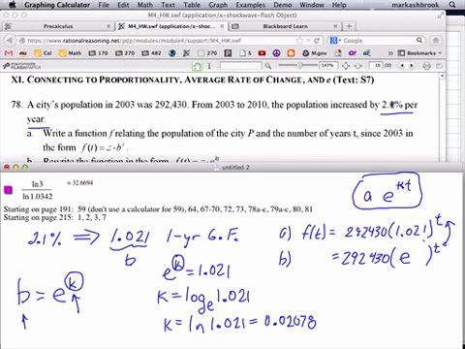K is a different number. It's close to it, but it's different, because it's the continuous rate. They're not the same number. It's just they're really close because this percent is so small. When the percent gets bigger, the difference between these becomes more drastic.